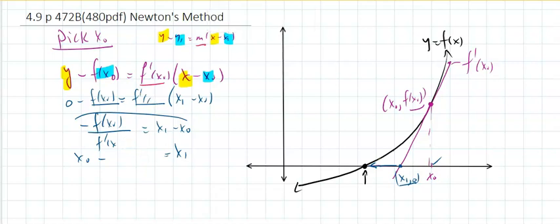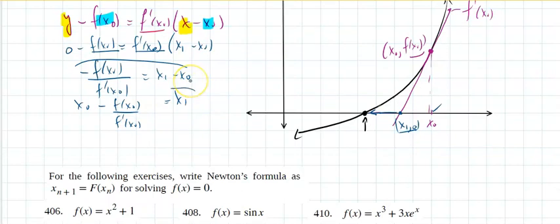Okay, everything is in terms of x sub 0. Not to worry, we're going to do this again.